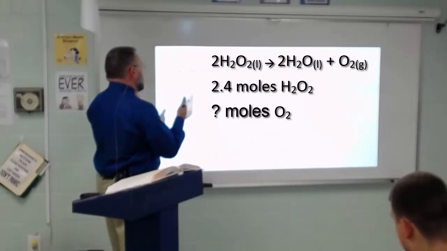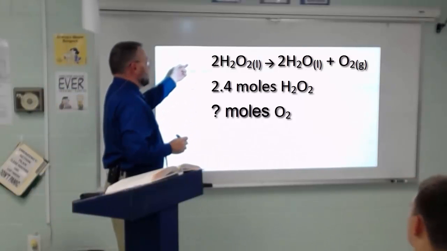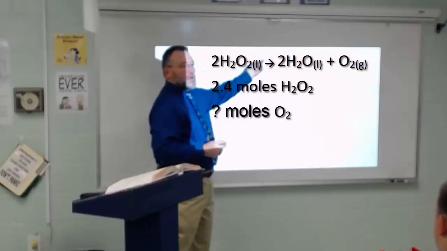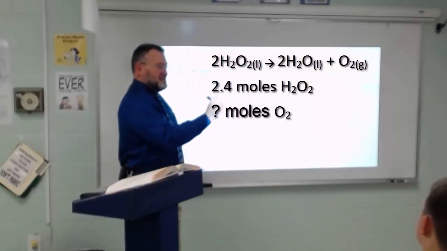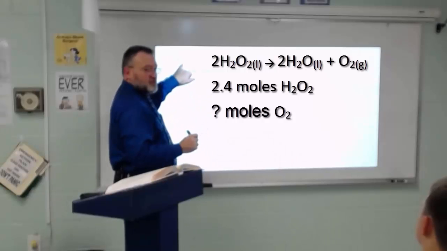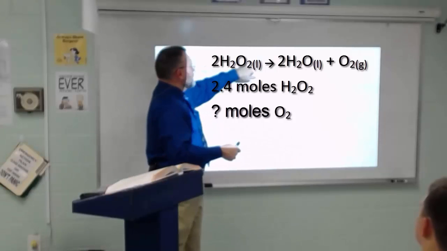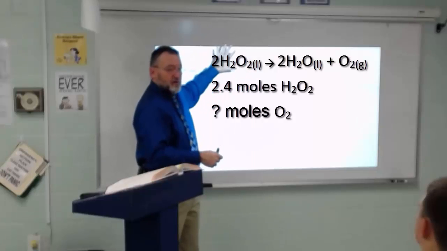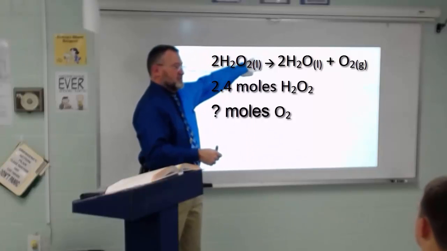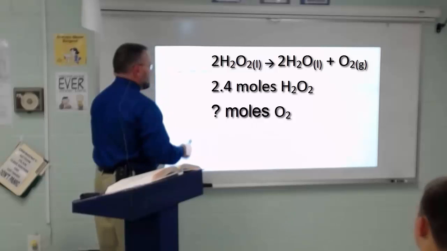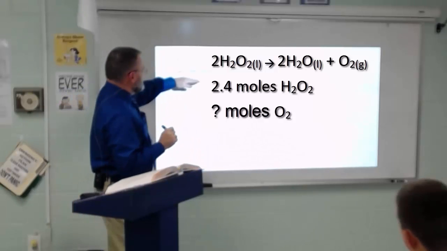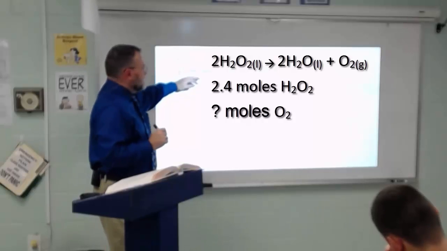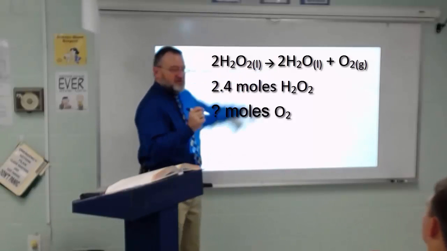So I could say, if I had 2 moles, I would produce 1 mole. Is that a true statement? 2 moles of H2O2 produces 1 mole of O2? I mean, it produces more, but is it true that it produces 1 mole of O2? Yes, it is true. So I use that as a statement of equality to move from moles of H2O2 into moles of O2. Looks like this.